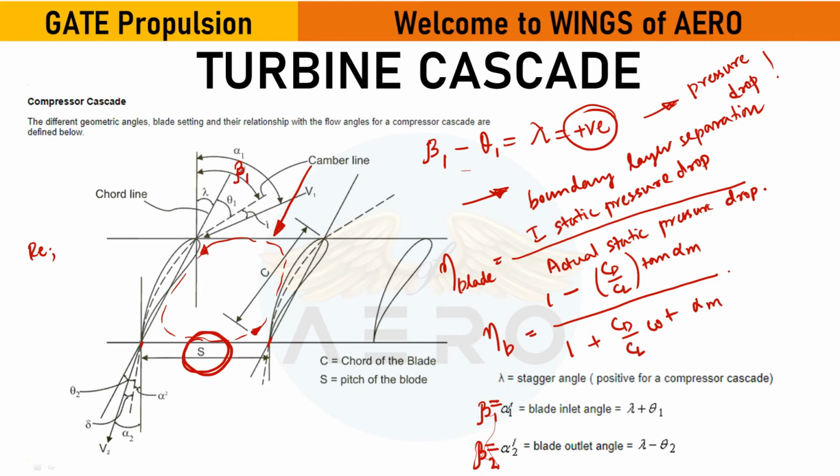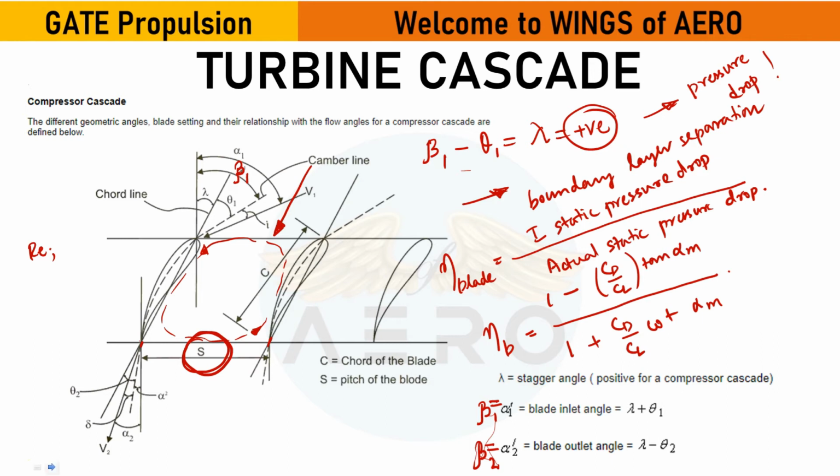Suppose you are designing a different kind of airfoil. By computational analysis, just find the CD by CL, and by your manual or mathematical calculation, find out alpha m. Alpha m is the mean air angle. So you can find out your blade efficiency. These are the theoretical ways to find out the blade efficiency.